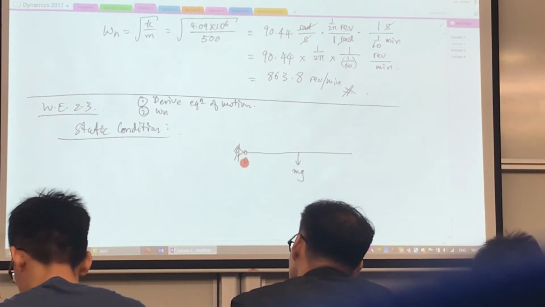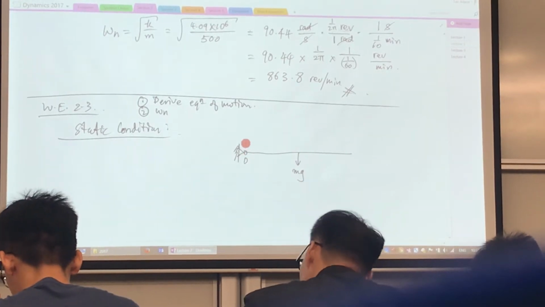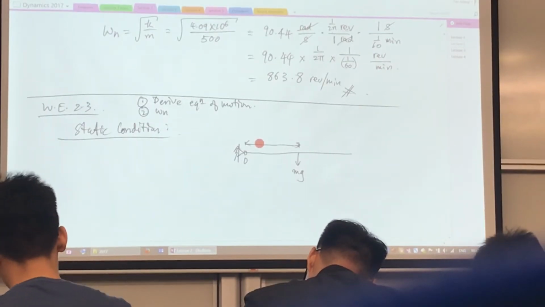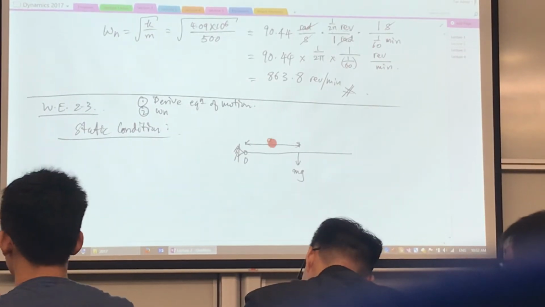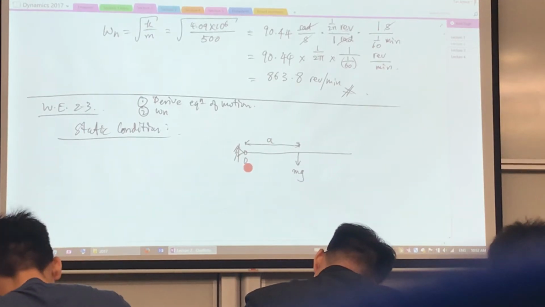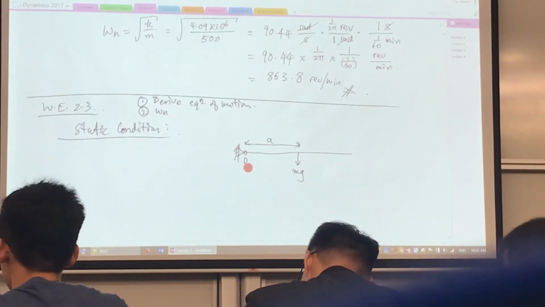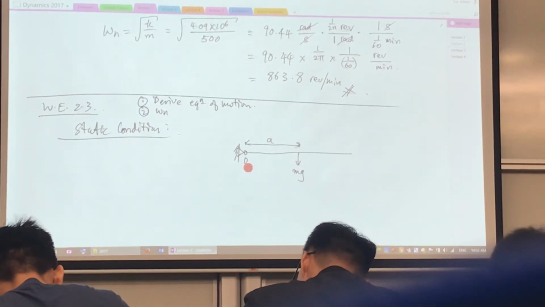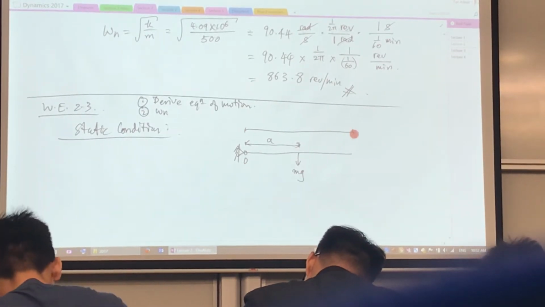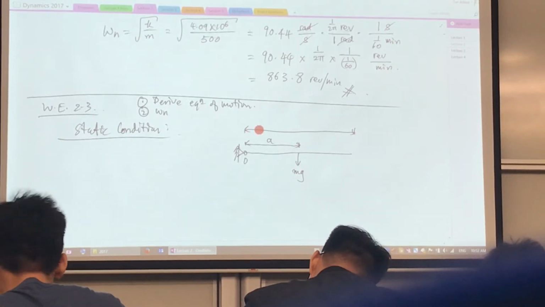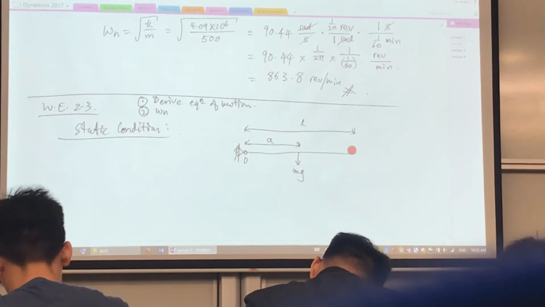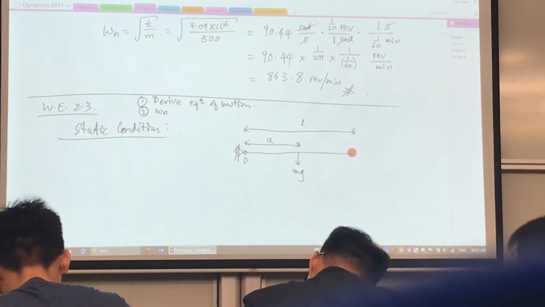That pivot point is O. So the mg mass has a distance away from the pivot point, that's A. A is not acceleration, A is the length. And the whole length of this beam will be L. And at the end over here, there's actually a spring.